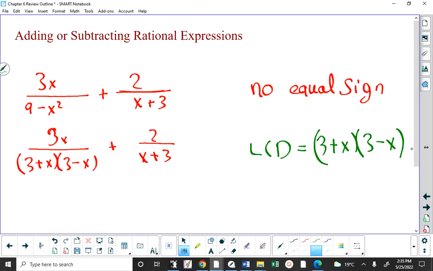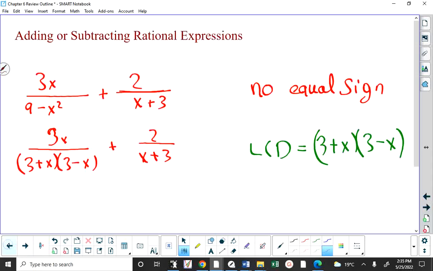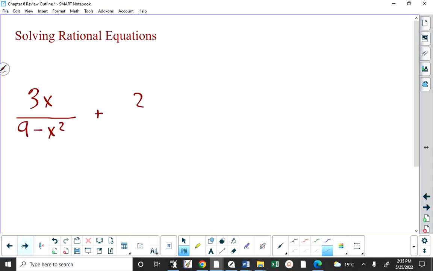I'm going to go away from this for a second, and if you're writing this down, I'll come back to it. What if I had a rational equation? Let's say that I had 3x over 9 minus x squared plus 2 over x plus 3 equals 12. There's an equal sign.